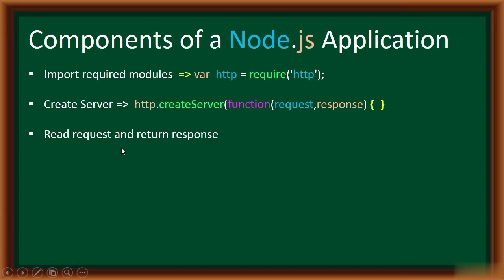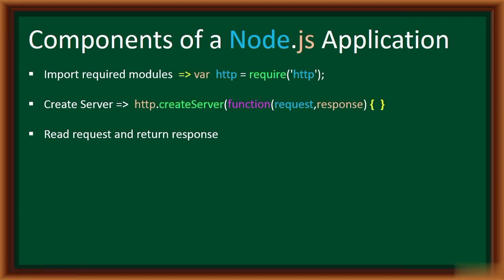So when the server was created, there are two parameters, a request and then a response. The read request and return response, this is where all the action happens. The read part of it will read the request, and the response part of it will return the response.